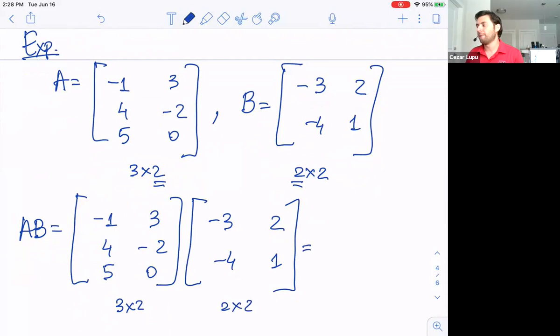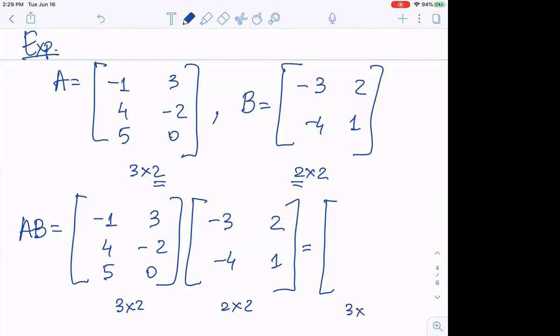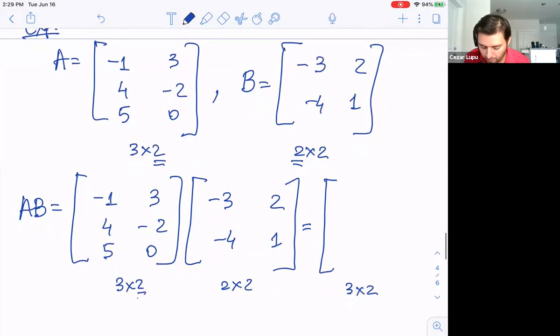Can you tell me? What kind of matrix will we get here? Let's say 2 by 2. Not 2 by 2, 3 by 2. Right? You see here the number of rows is the same as the number of rows of the first, so it will be a 3 by 2 matrix. So I'll have 3 rows, 2 columns.